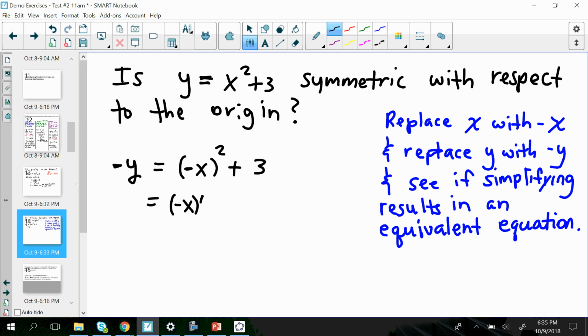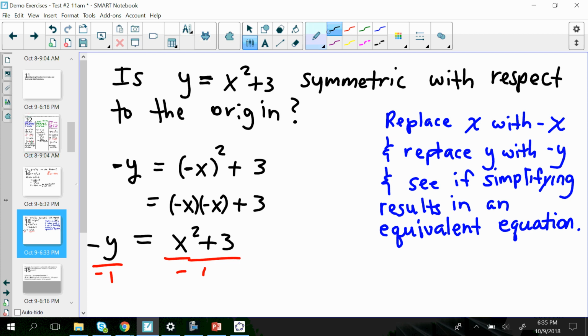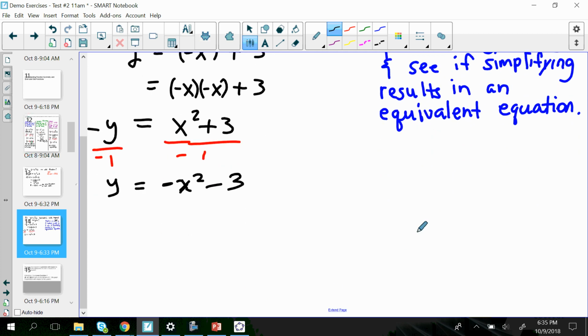So again, we'll see that this side turns out to be positive x squared plus 3, and then to solve for y, we would divide by negative 1 throughout, so then we would have y equals negative x squared minus 3, which is not the same as y equals positive x squared plus 3.